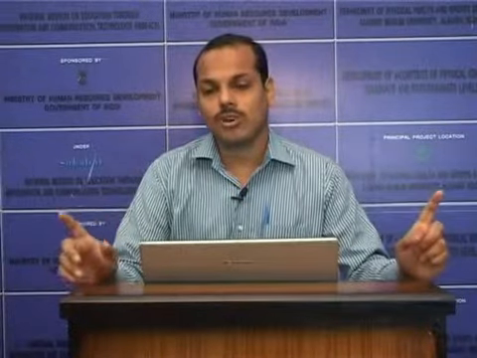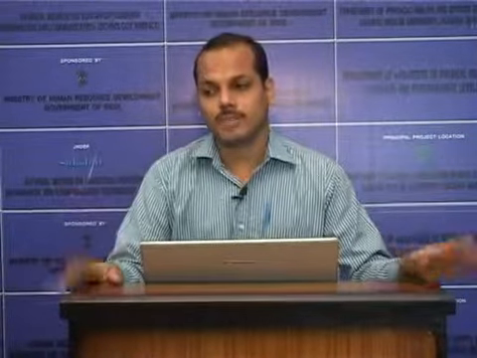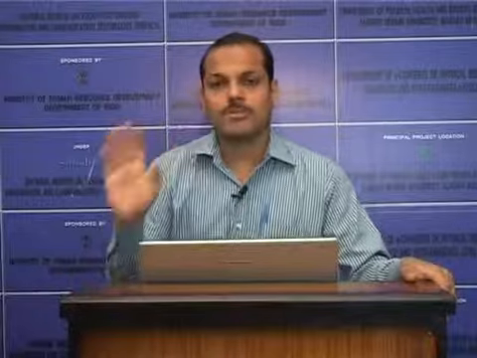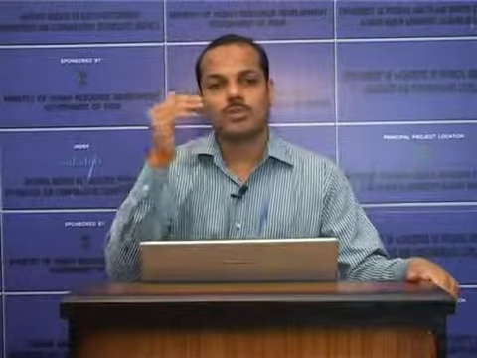Then there are motor neurons, which carry impulses away from the central nervous system. And there are interneurons, which carry information between other neurons. They are found only in the brain and spinal cord. So there are 3 types of neurons: the first is the sensory neuron, the second is the motor neuron, and the third is the interneuron.